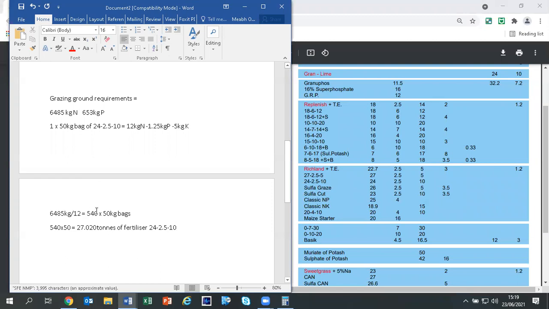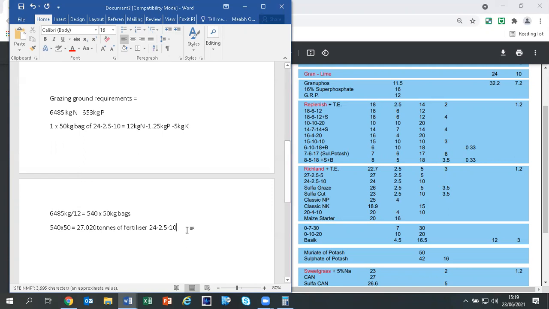We then worked out how many of those bags we would need to hit our nitrogen requirement. And we worked out how many tons of fertilizer were required by multiplying the number of bags we needed by how many kgs of fertilizer there are per bag. So I hope that's all clear.